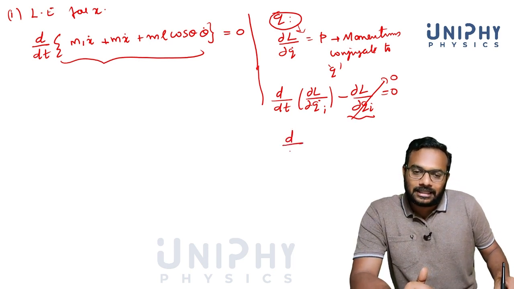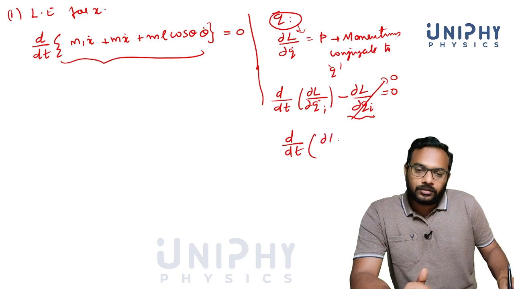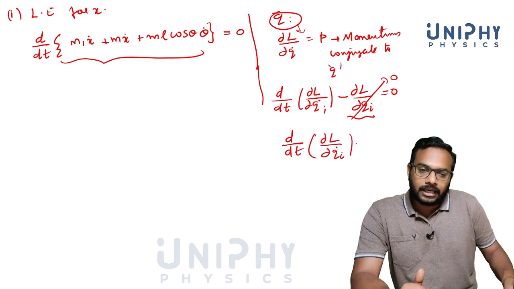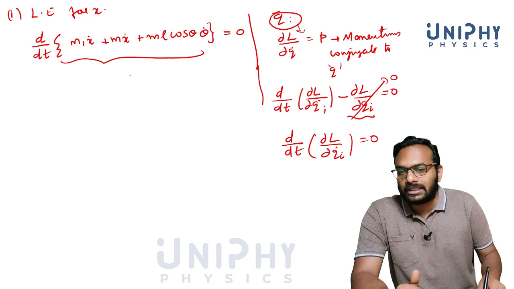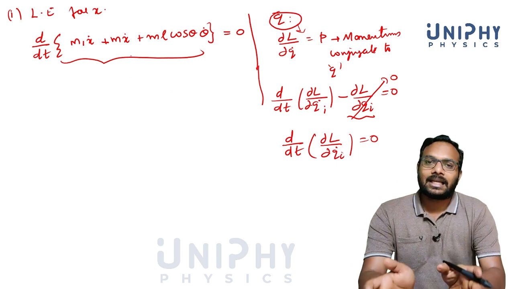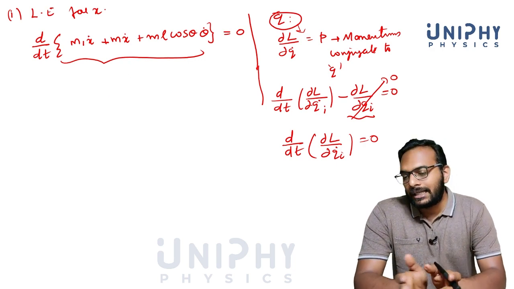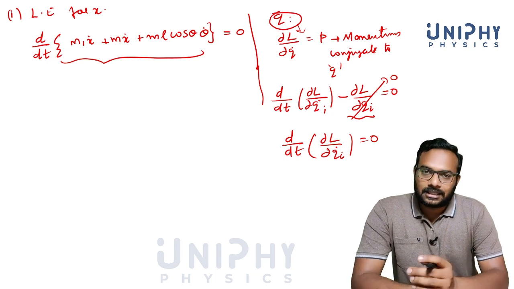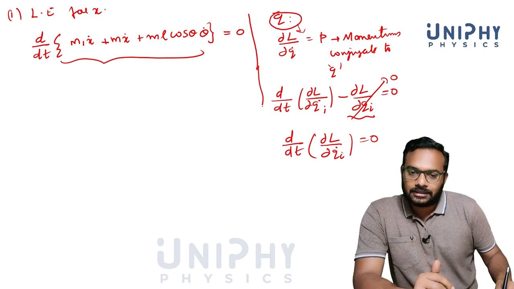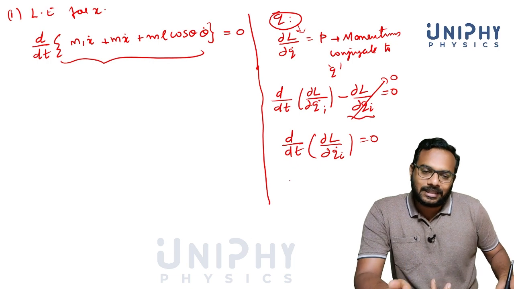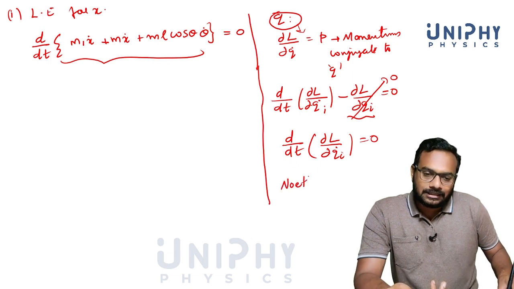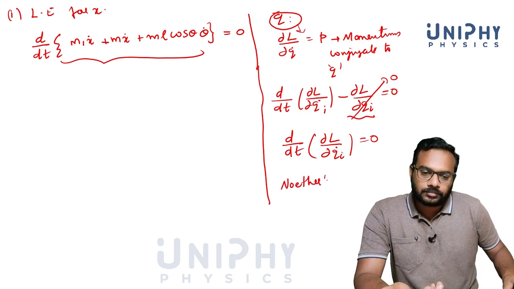So we immediately get a conservation law: d/dt of ∂L/∂q̇i is equal to 0. That's the same thing that we have got here. We saw that the Lagrangian does not feature x, and there exists a conserved quantity. In fact, this is a special case of what we will discuss later as Noether's theorem.